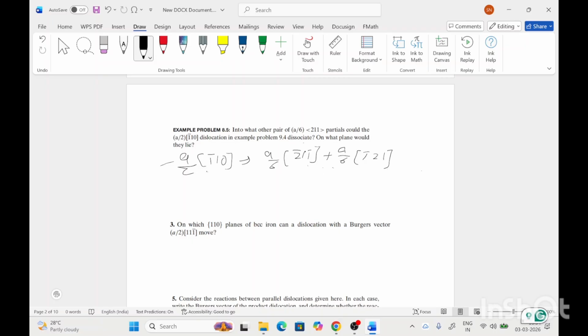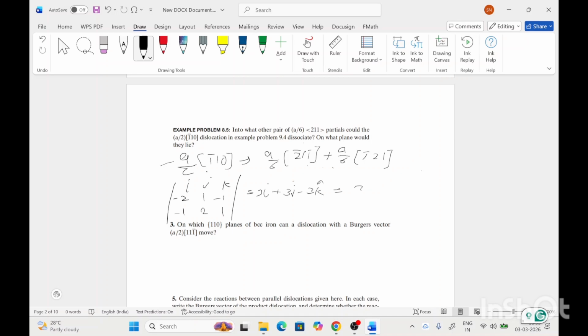So if we do the cross product for this, minus 2 1 minus 1 and minus 1 2 1, that will give 3i plus 3j minus 3k.